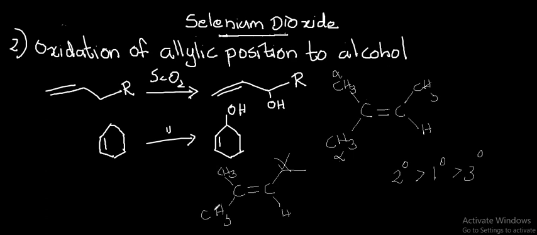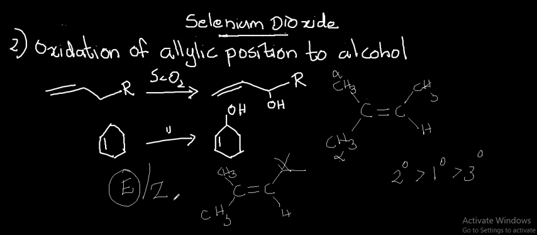Then the fourth rule: if there is a possibility for formation of E or Z product, the E product will be preferred.